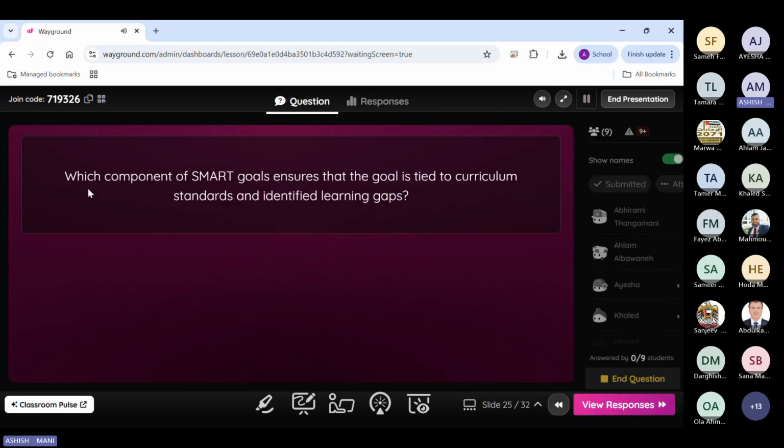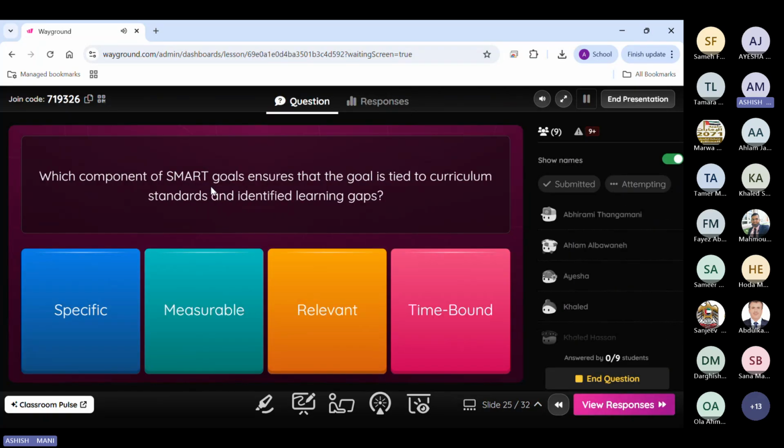Now, which component of SMART goals ensures that the goal is tied to curriculum, standards, and identified learning gaps?